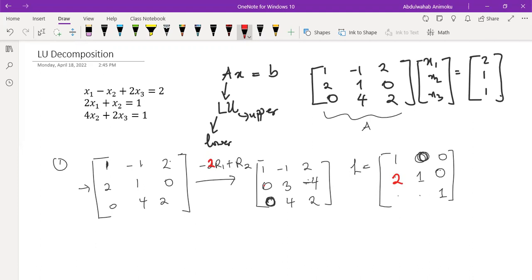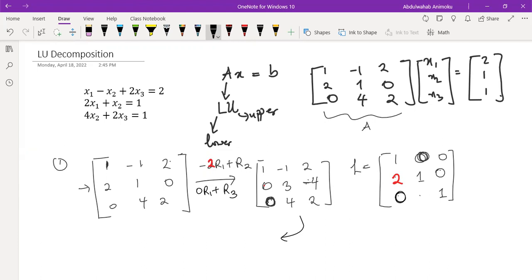So instead of minus 2, it becomes plus 2 at that entry. Now we are basically done with R3 as well, because it's the same as saying 0 times R1 plus R3. It doesn't make any difference, so this place will still be 0.